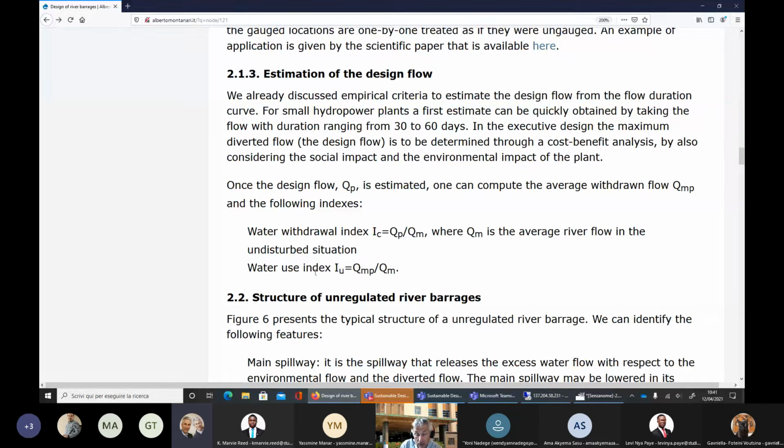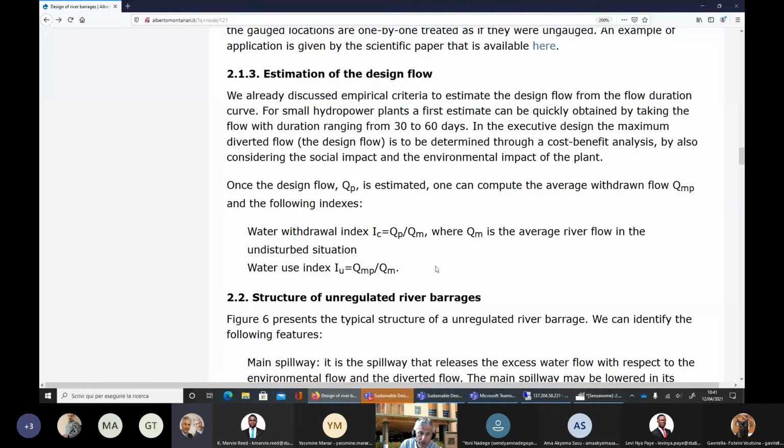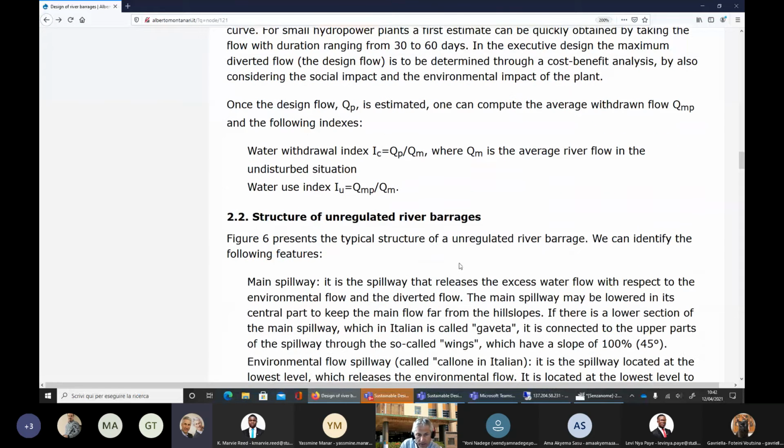And the water use index is given by the ratio of the average diverted flow at the numerator and the average river flow in undisturbed situation at the denominator. Okay, good. And this is something that we already discussed. Just keep in mind that these are typical questions at the exam, okay?